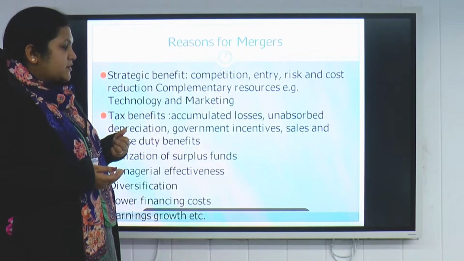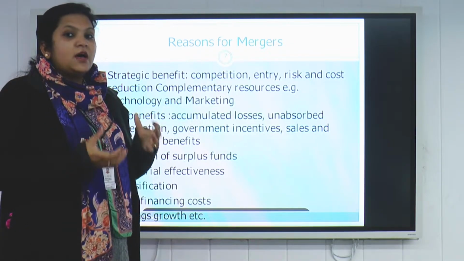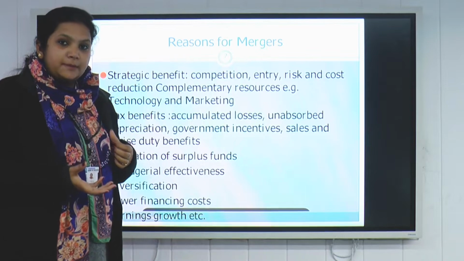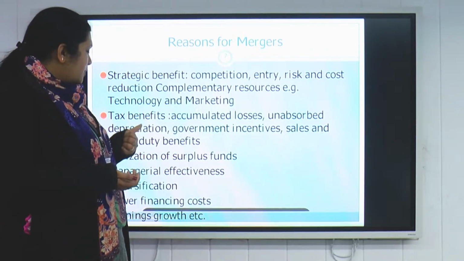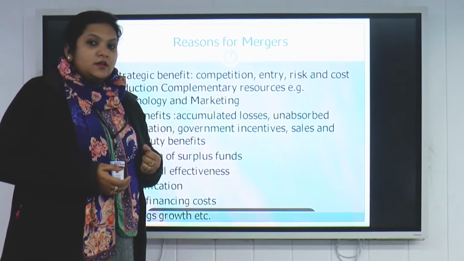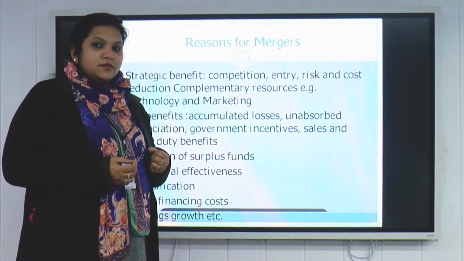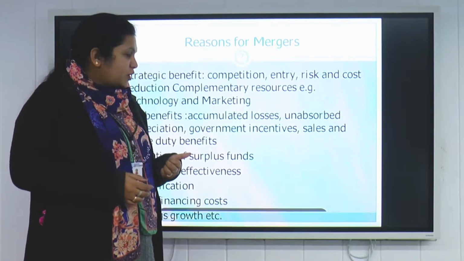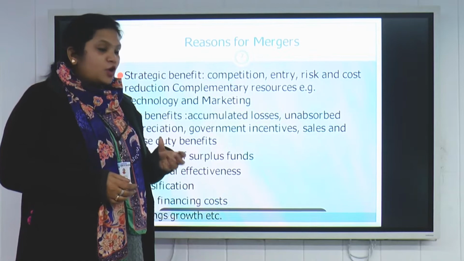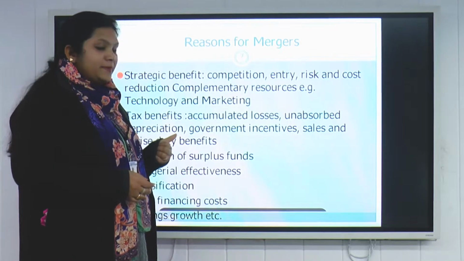Second is tax benefits. All the accumulated losses are borne by the merged company. Right? Therefore, you get tax benefits as well. Unabsorbed depreciation. As we're talking about tax benefits, there is a terminology called unabsorbed depreciation.